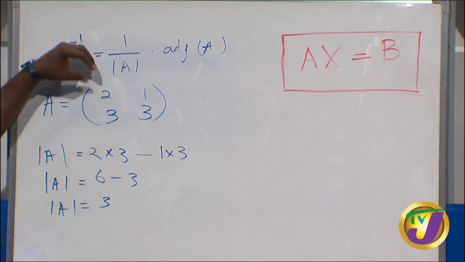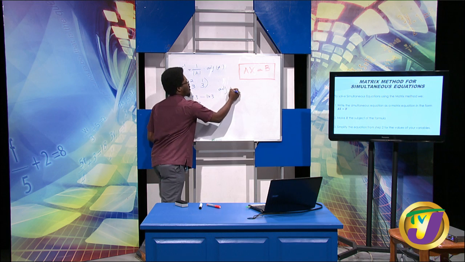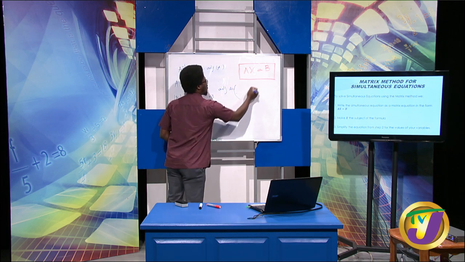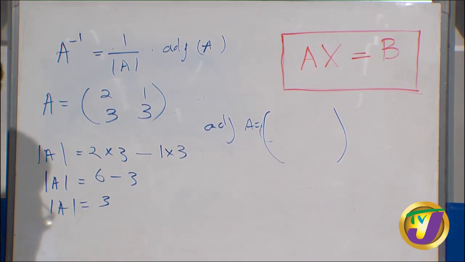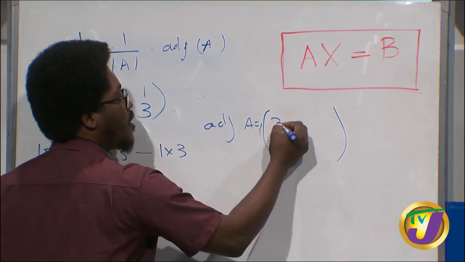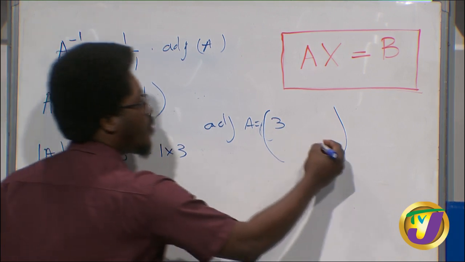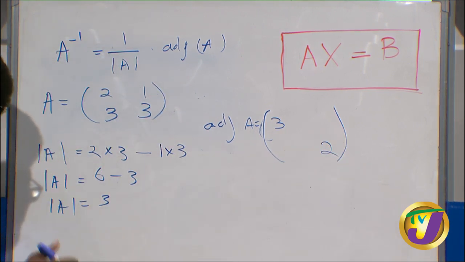Good. And then, to determine our adjoint of A, what we're going to do is interchange the elements of the leading diagonal. So where 2 is, we are now going to put 3. And where 3 is, we are now going to put 2. So we've interchanged the elements along the leading diagonal.